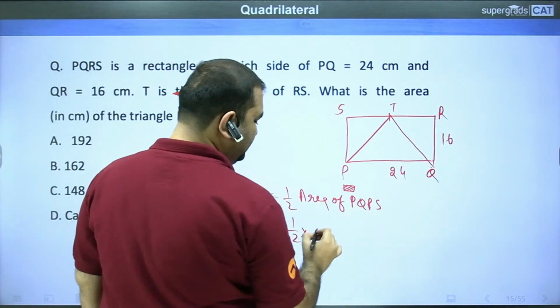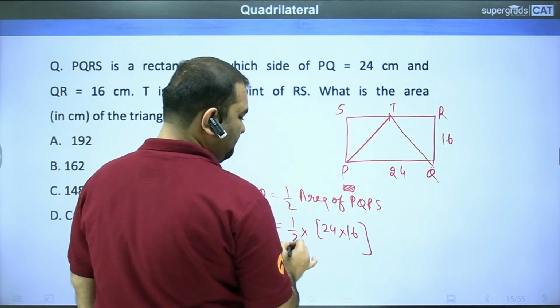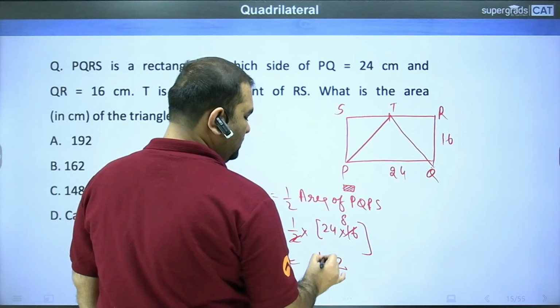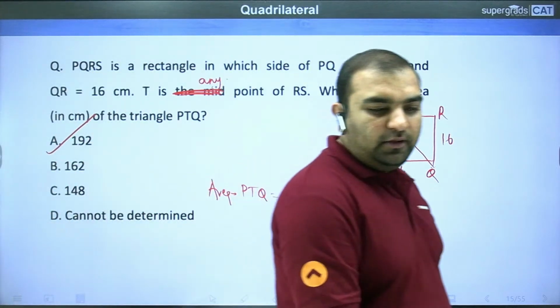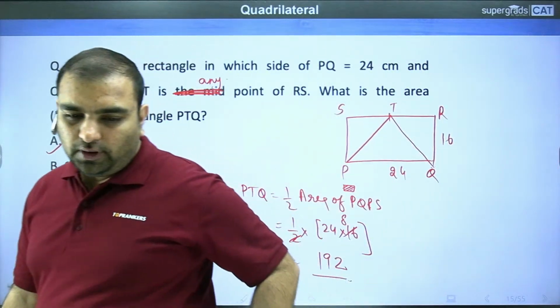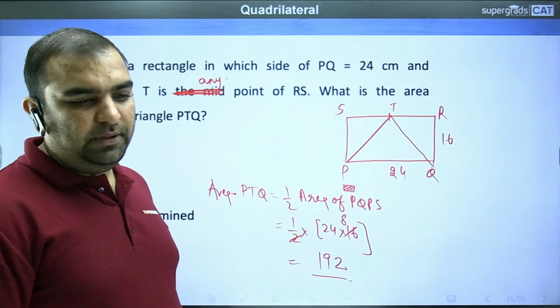Length into breadth. Do I need to prove it? If T is any point on the side, then also the area of triangle PTQ is half the area of rectangle PQRS.